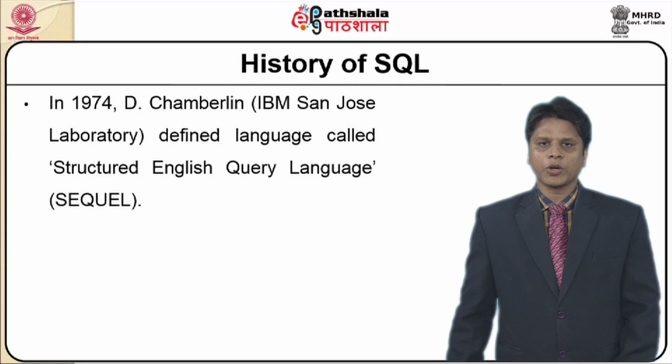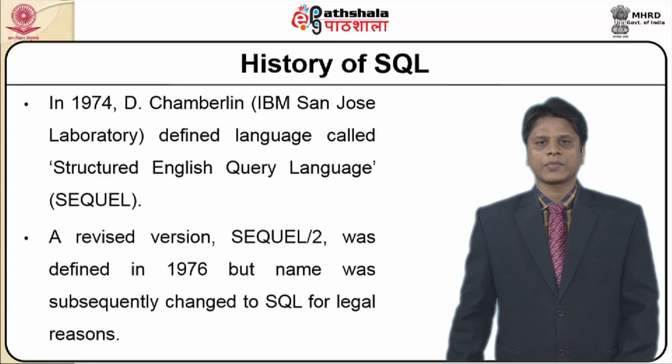This has an expansion of Structured English Query Language, and at a later point a revised version, that means version 2, was defined in 1976, but the name was subsequently changed to SQL instead of SEQUEL.